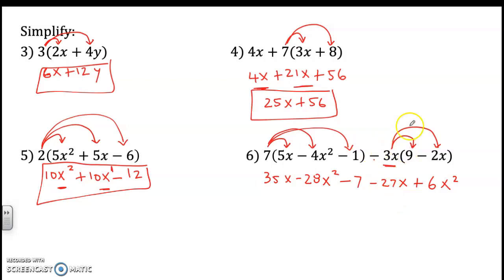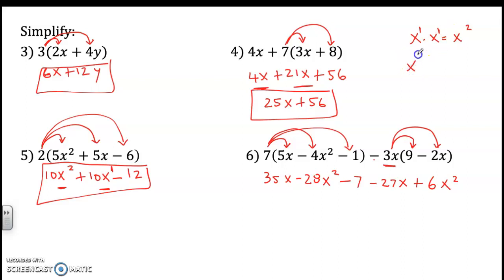Okay, and let me make a little parenthesis here. X times x, why did I get x squared? Because remember, if my variable does not have an exponent, technically it has a 1. When I multiply powers, variables with the same variable, I keep the variable and add the exponents.